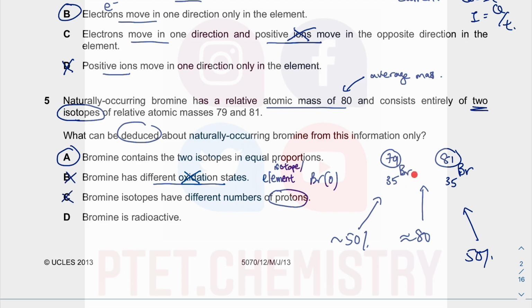You are the same element bromine, so you must have the same proton number. Bromine is radioactive, and that is wrong as well. We use bromine in the lab, and bromine is not radioactive. Radioactive means unstable nucleus, but bromine exists as a liquid at room temperature and pressure, which people could use and could handle. We use it to test for alkene as well, so it's not radioactive at all.